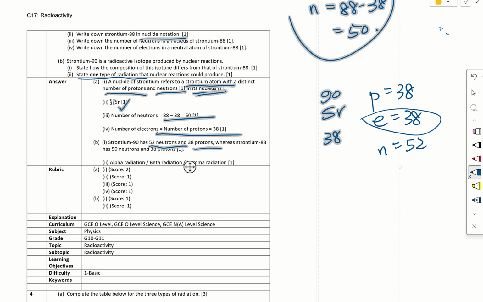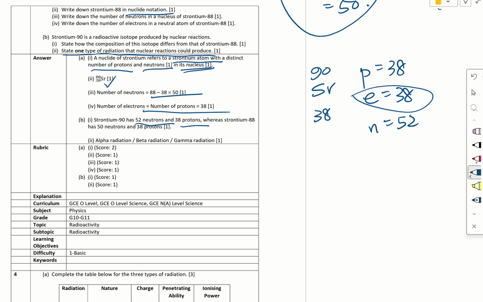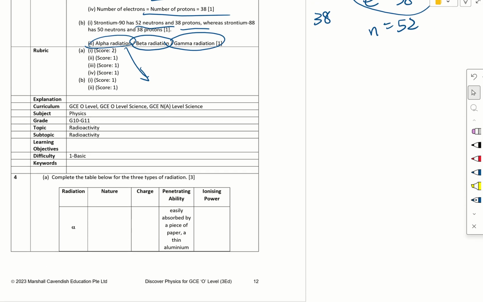Now, state one type of radiation that nuclear reactions could produce. It can be alpha, beta, or gamma. They may give a following question to ask you about the ionizing power and the penetrating power. So again, you need to know your alpha, beta, and gamma radiation very well.